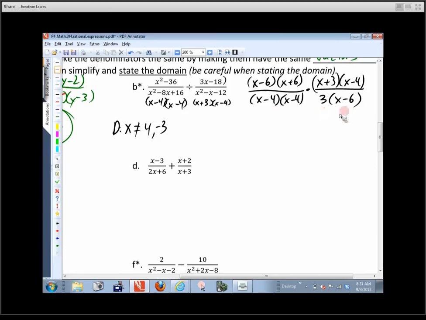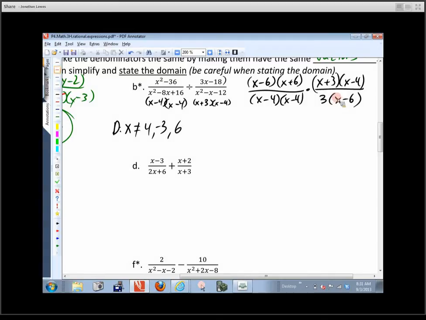Now, take a look here. Should we throw anything else out? A positive 6, okay? Because that would have a 0 in the denominator. I'm going to come back to that in just a second.